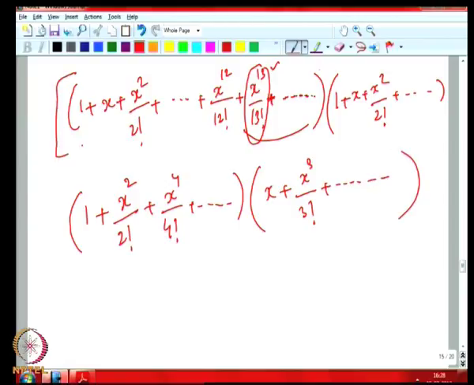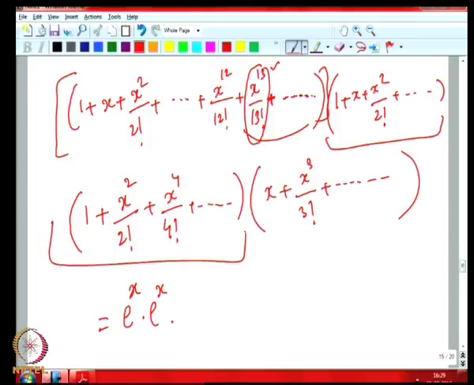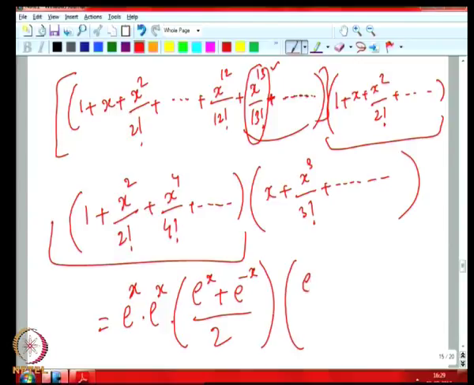This we know is e to the power x, this is again e to the power x. And what is this? This is actually e to the power x plus e to the power minus x divided by 2. And the last one, I am claiming, is e to the power x minus e to the power minus x by 2.